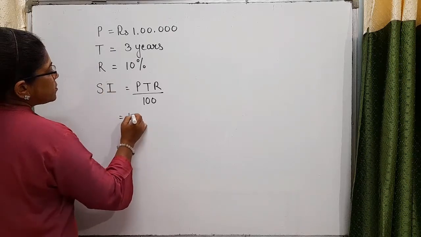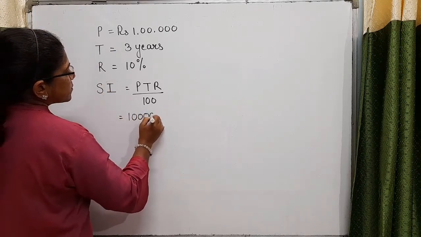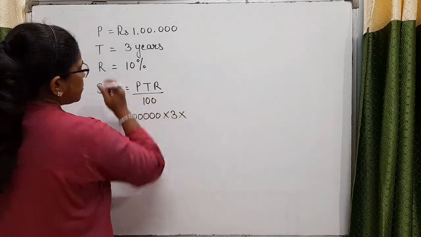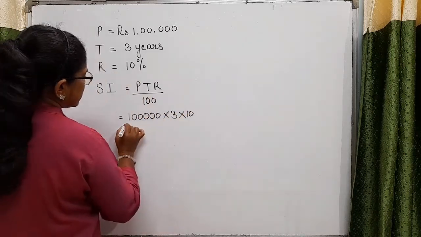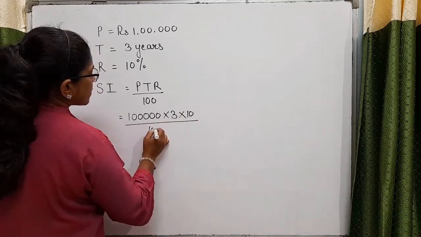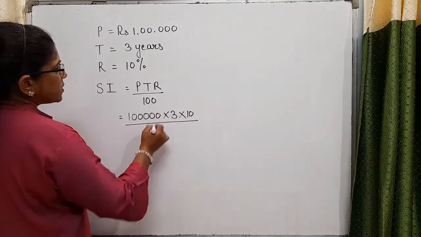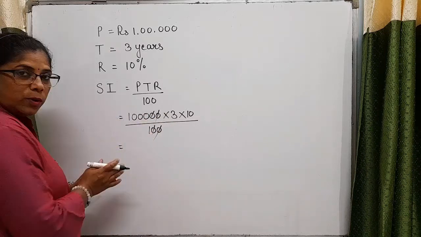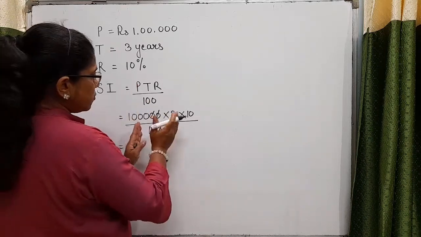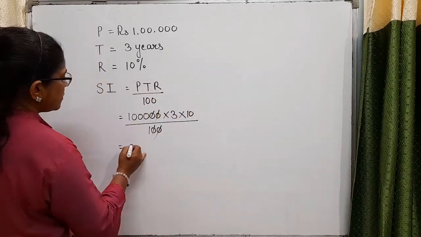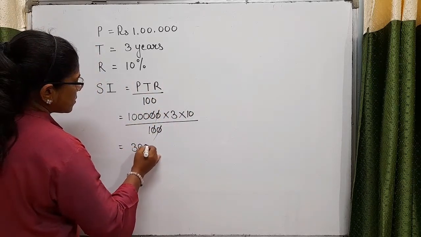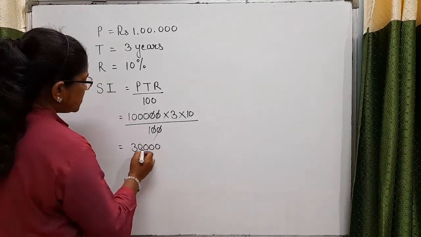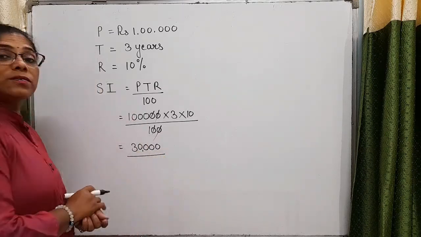P is 1 lakh, times 3 years, and rate of interest is 10 upon 100. Zeros cancel. Now here 1000 into 3 into 10, that is 30,000 rupees we have to pay as interest.